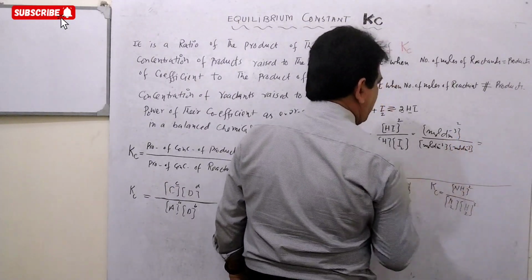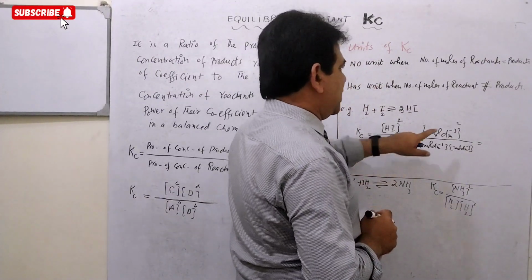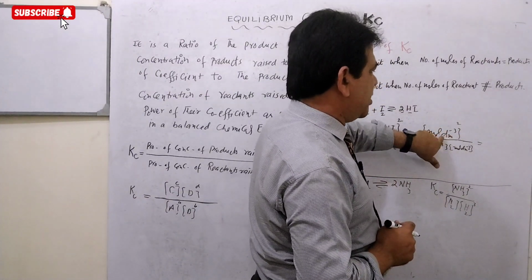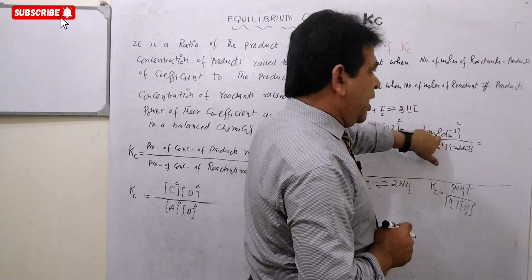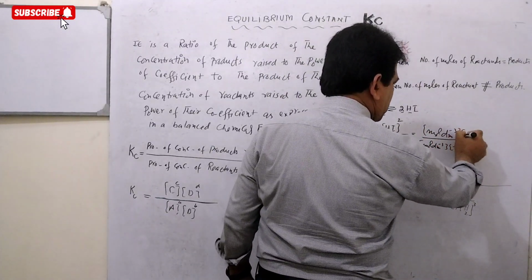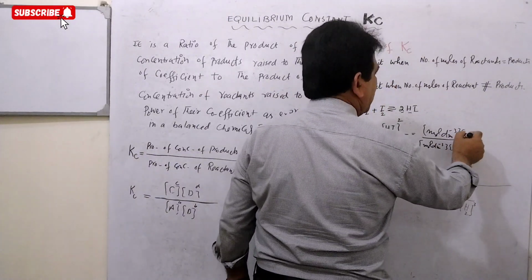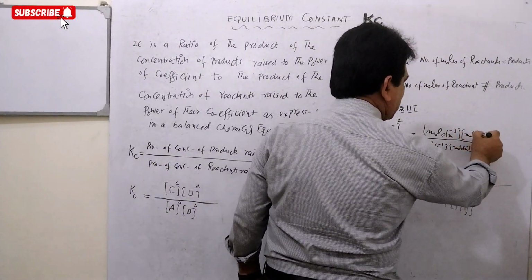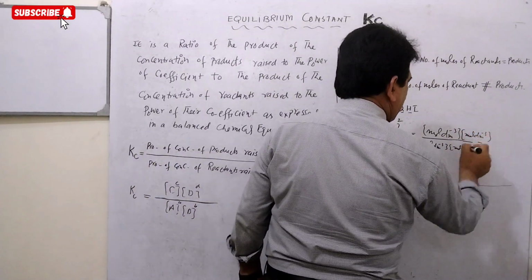Now we can expand this equation, as there is a square of this mole per decimeter cube. It means this value can be written 2 times. So we can write it again, mole per decimeter cube, and so on.